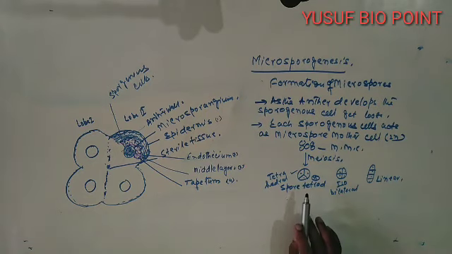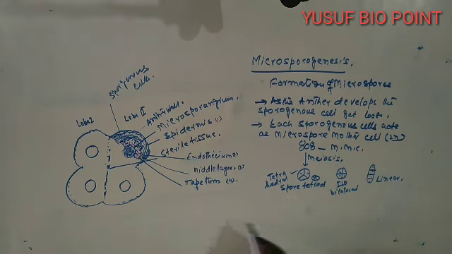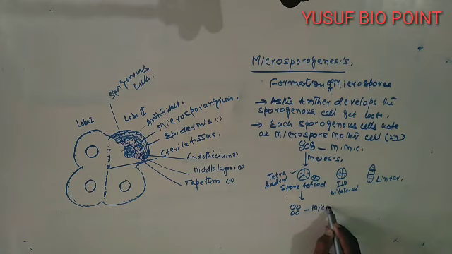Now this microspore is found, and it is the development of male gametophytes, and this microspore now undergoes development. These tetrads separate from each other and change into the microspores.